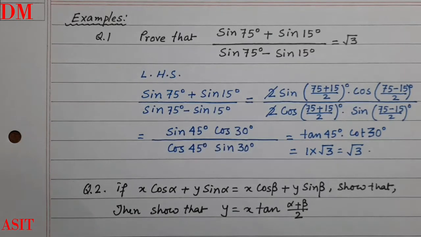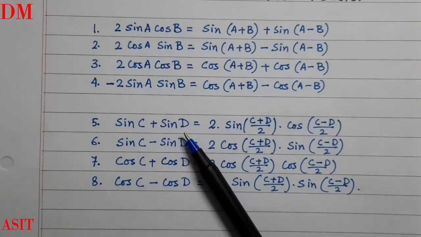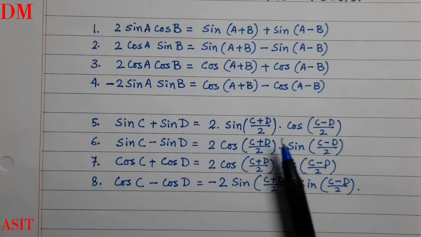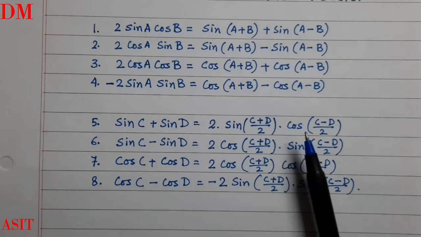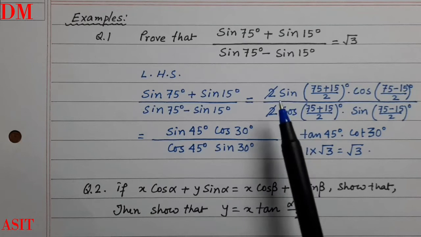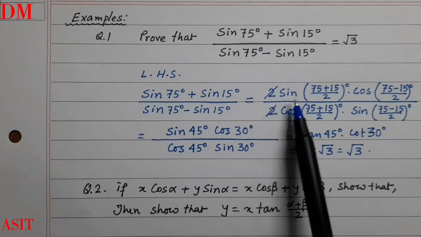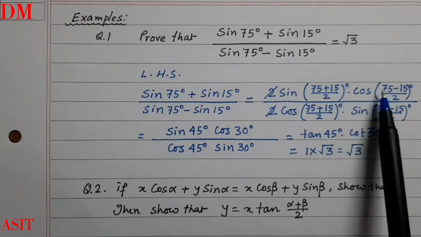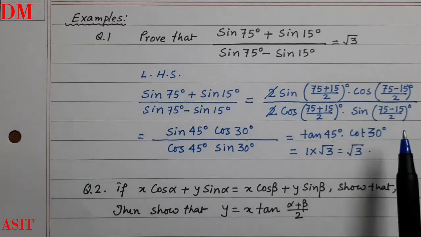The formula of sine A plus sine B, or sine C plus sine D, is 2 sine C plus D by 2 into cos C minus D by 2. So this is 2 sine 75 plus 15 by 2 into cos 75 minus 15 by 2.